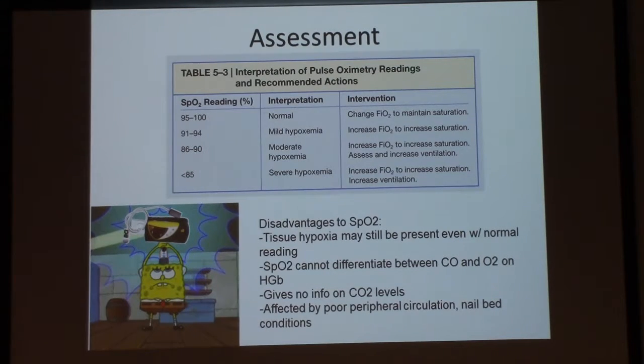If someone's sitting at 91 or 93 with respiratory shortness of breath, we might start them with oxygen at 2 liters by nasal cannula and titrate as necessary. Remember, you can change that by changing your FiO2, or the concentration of oxygen. If you're using a nasal cannula at 2 liters, you're really only giving them about 22 to 24% oxygen.